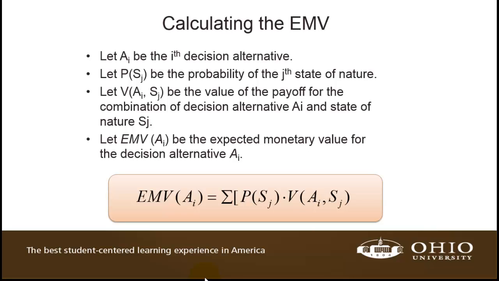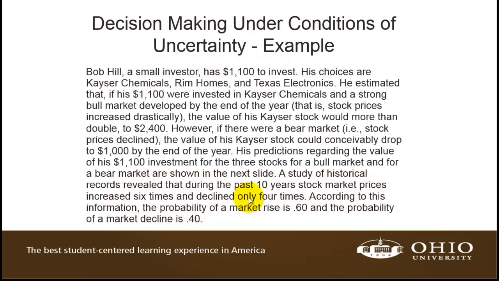Now that may look daunting, or I don't know whether you think this is a difficult looking expression or not, but it's pretty straightforward, and I'm going to show you an example in just a minute. So let's move on to an example now.